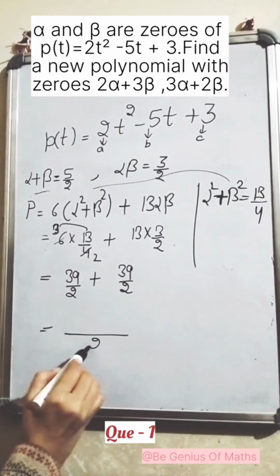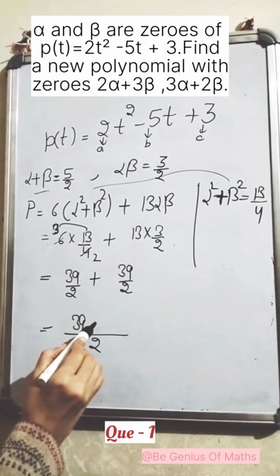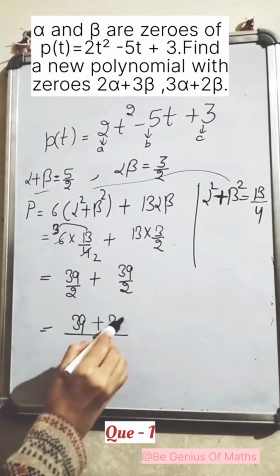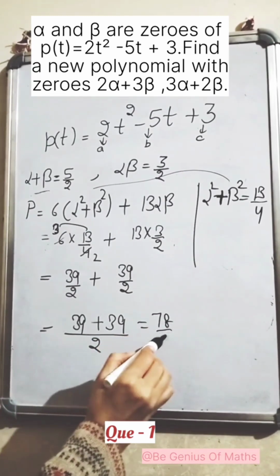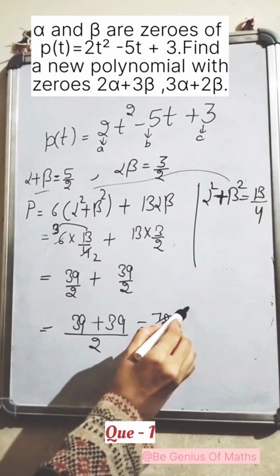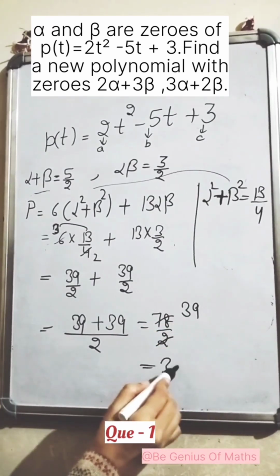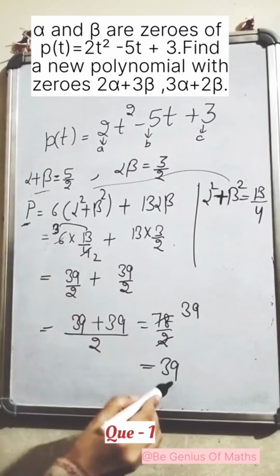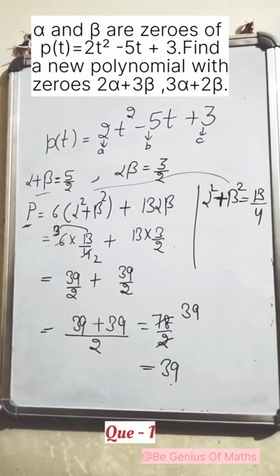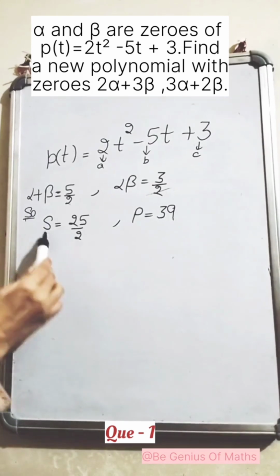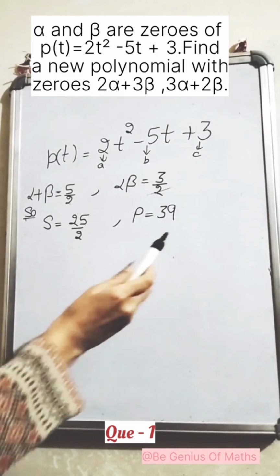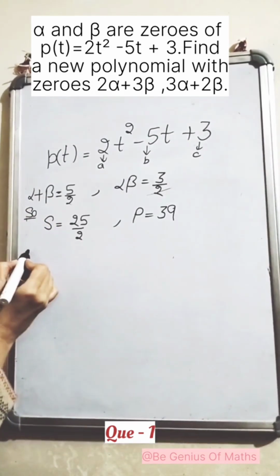Now by taking the LCM, the answer of the new product is 39. So we have found the product of the new zeros, which is 39. So the new sum is 25 by 2 and the product is 39.